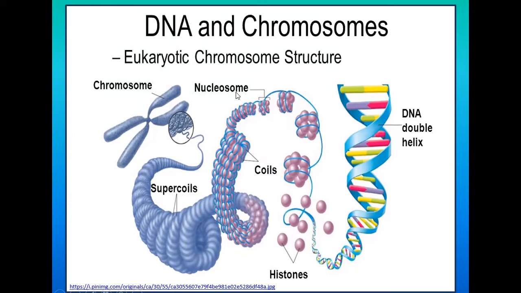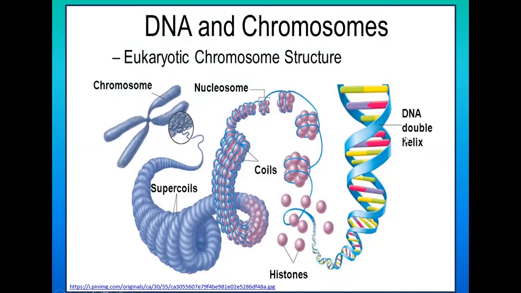So again, DNA strand coiled on a protein called histone, we call that in general your nucleosome. So these nucleosomes packed together, as you can see from the illustration, and this now forms your chromosome.